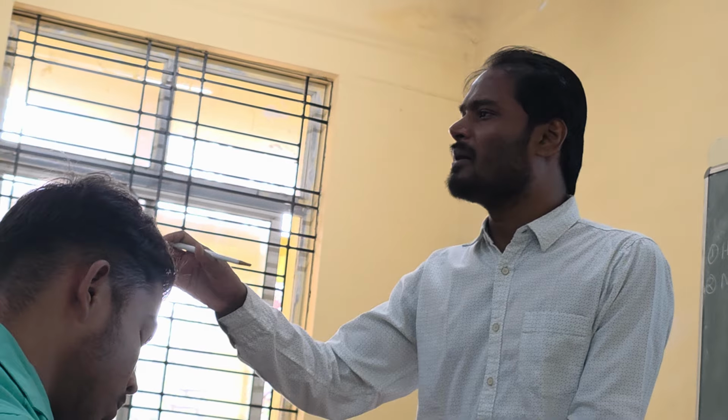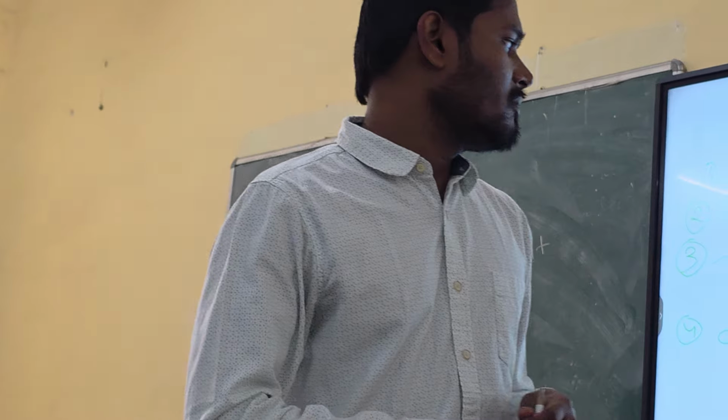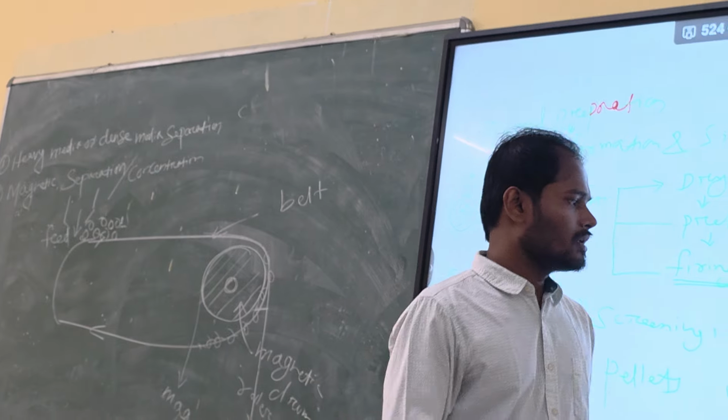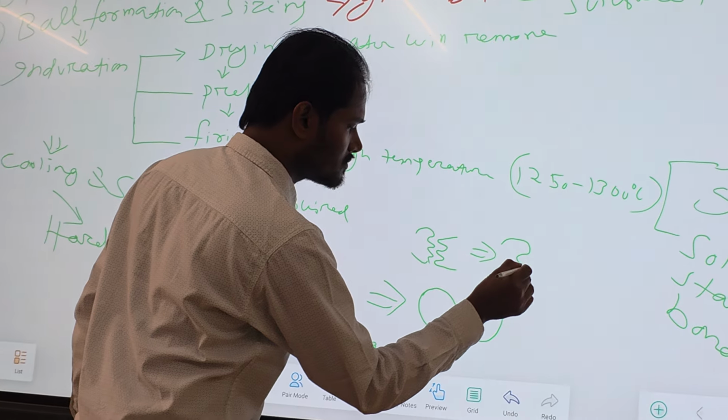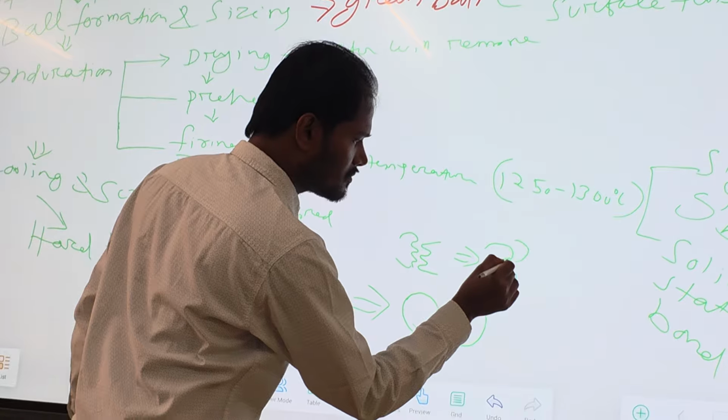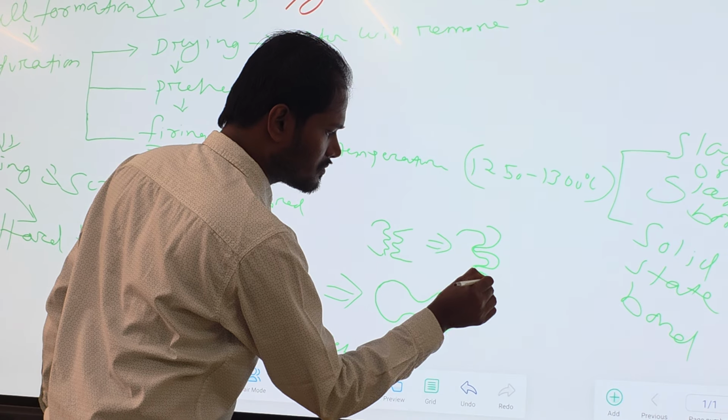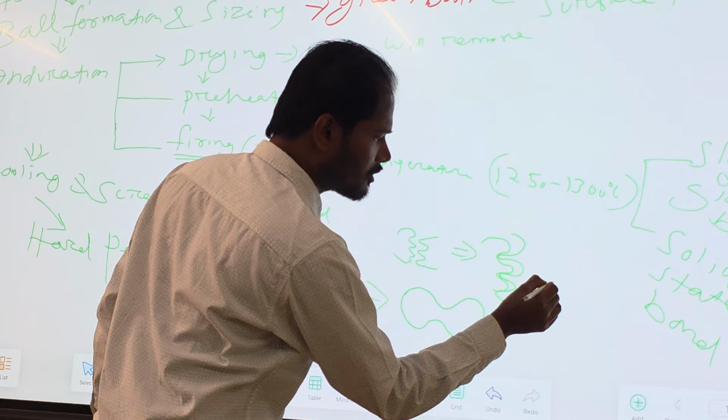It is a very big subject actually. If I go into it, it will not get complete, and it is not required. Diffusion will happen, basically. And this one is mechanical interlocking, I told you. This is mechanical interlocking.